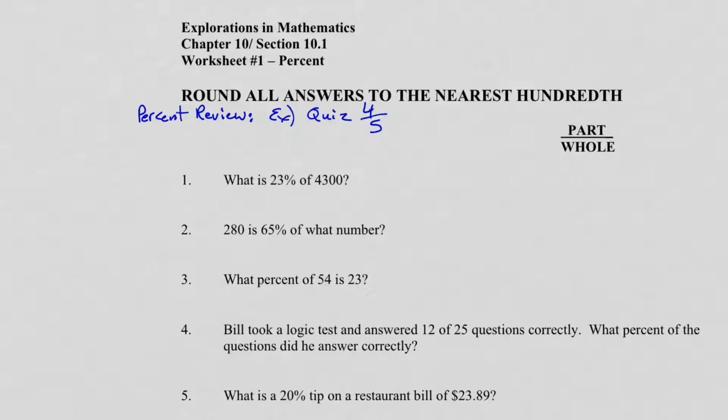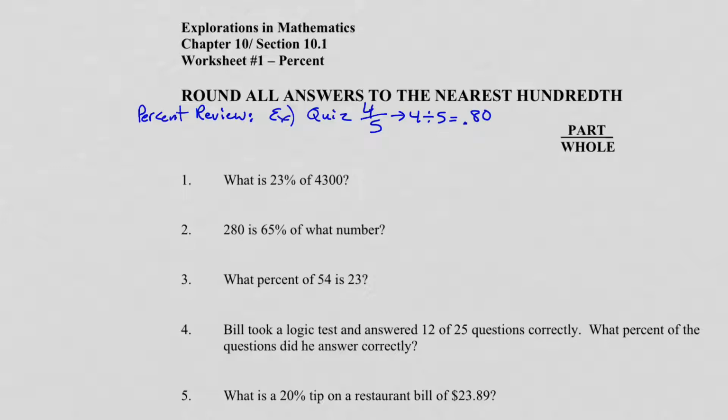So if you get 4 out of 5, is that an A? Well, anytime you get a score like this on one of your papers, you just need to take the part that you have correct divided by the whole, the total number of points, which will be 5 in this case. So if you do 4 divided by 5 in your calculator, you're going to get 0.80.